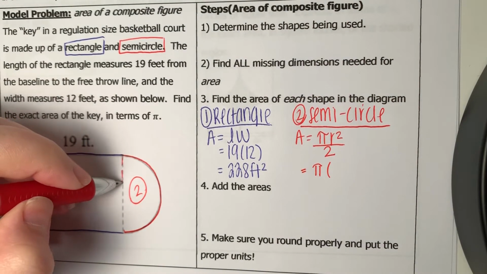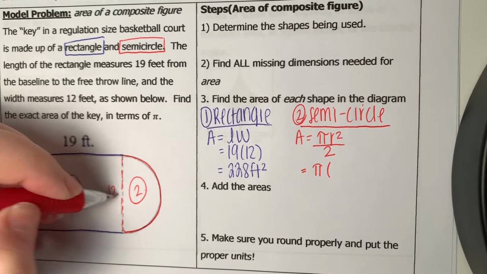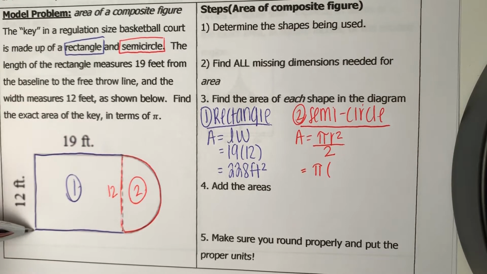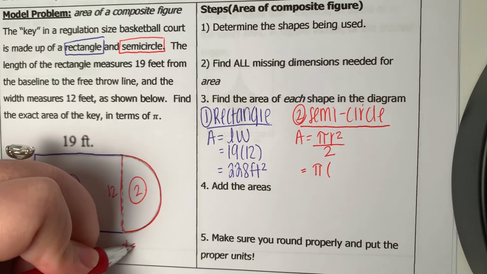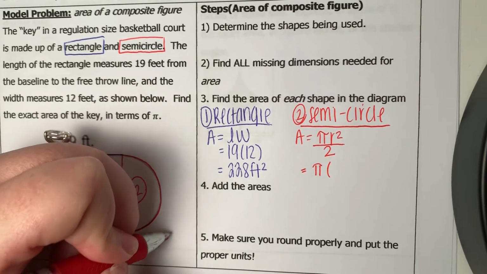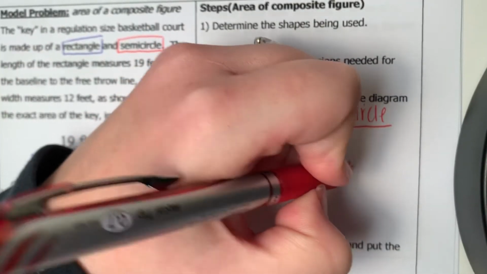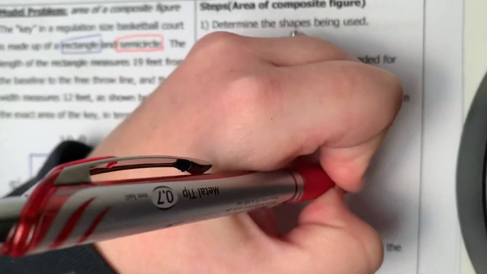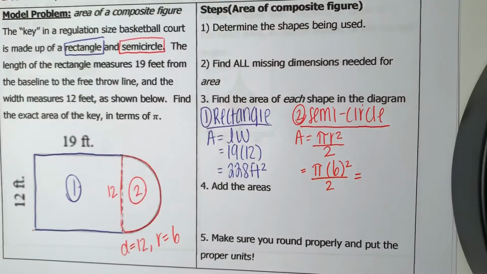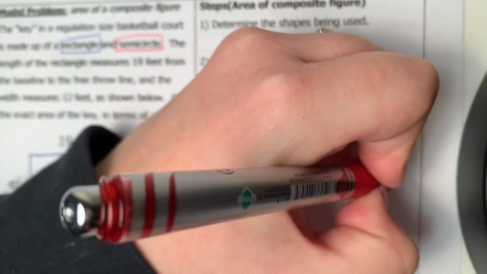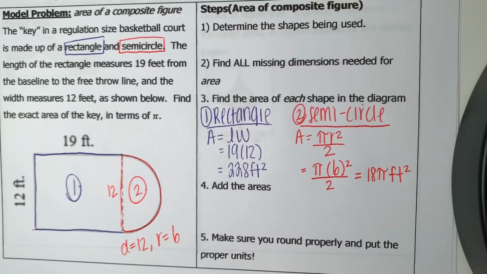So now imagine this guy is the diameter, which is 12. It's the same length as this side in the rectangle. So if the diameter is 12, that means that the radius is 6. So we have pi times 6 squared divided by 2. And this is going to give us 18 pi feet squared.